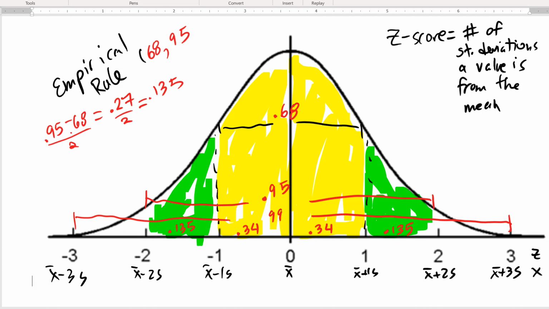So that would be 0.997 within 3 standard deviations. So once again, what are these little pieces worth? Well, we went from 95 to 99.7. So how much did we add? How about 4.7%? So what are each of those worth? If they're the same, cut them in half.